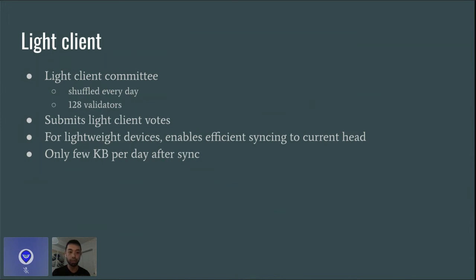A committee is getting shuffled every day, every 27 hours. So meaning that as a Light Client, you pay attention to the committee to sync to the head of the chain. That means you have less data to download, and you can sync to the chain faster. Syncing the chain, you only need to download one block for every 27 hours or every day.